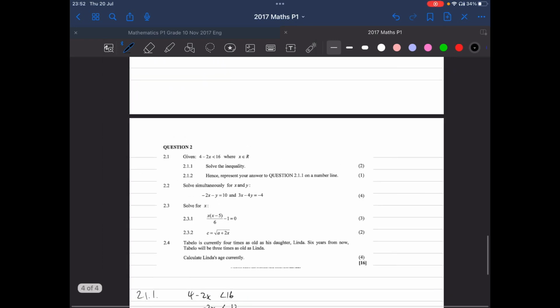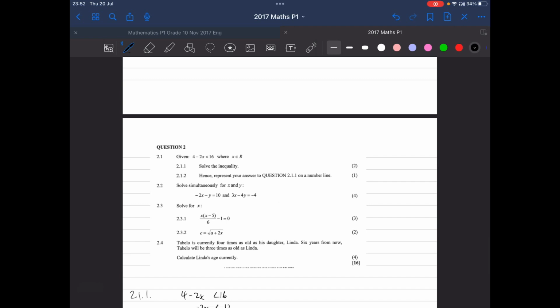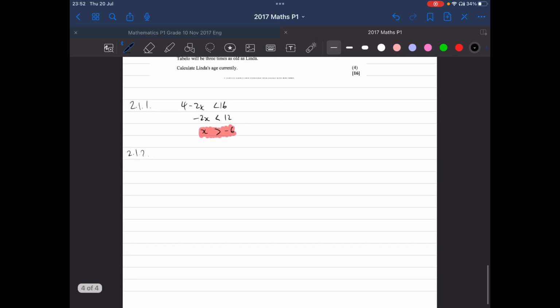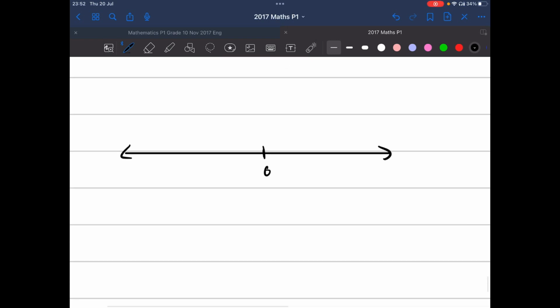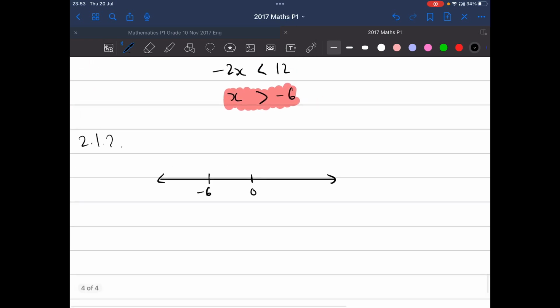The next question says, represent your answer to question 2.1.1 on a number line. Okay, so let's say I have a number line here going like that, and let's say at some point I have 0. So obviously minus 6 is going to be on the left of that, so we have minus 6, and we want x to be greater than minus 6, so x has to go that way.